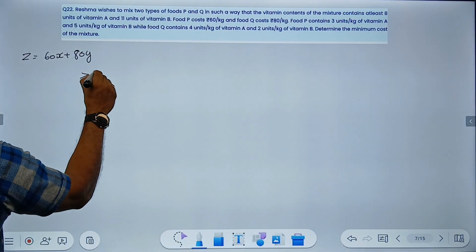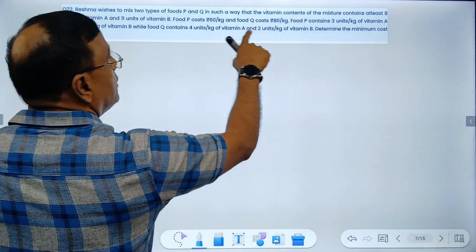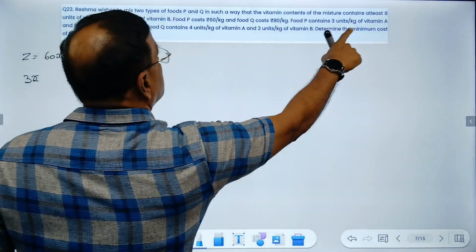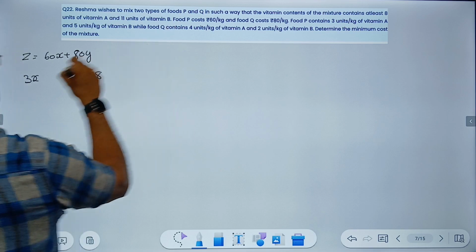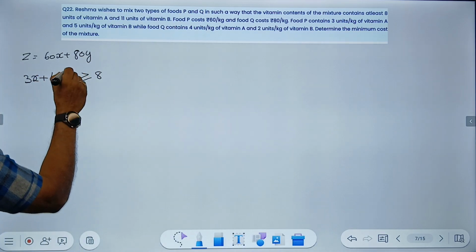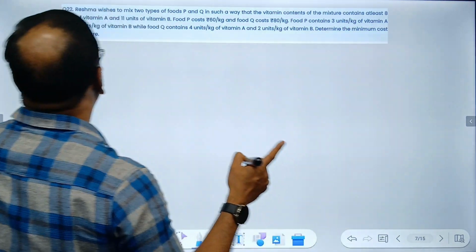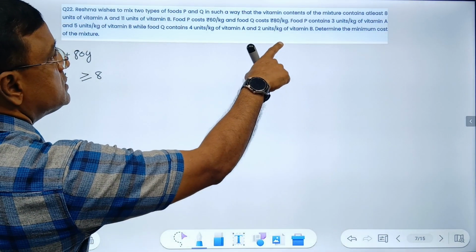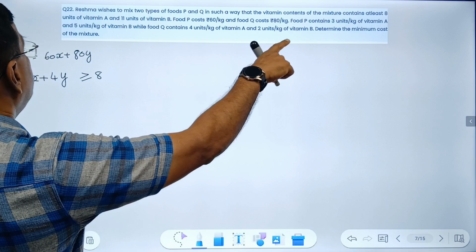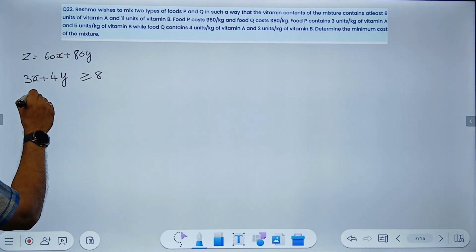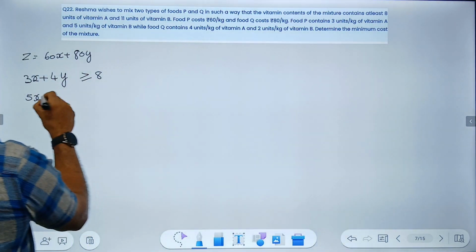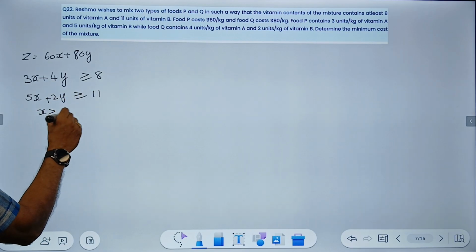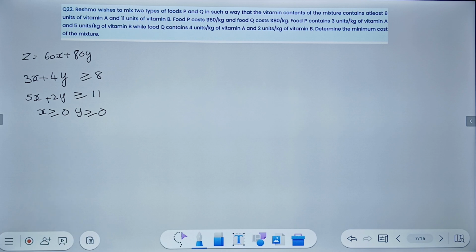So it is greater than or equal to 8, and food P contains 3 units, and in food Q it will be 4 units, so 4y, and in the next case, food P contains 5 units of vitamin B, so it is 5x, and food Q, plus 2y is greater than or equal to 11, x greater than or equal to 0, y greater than or equal to 0. So this is the formulation.